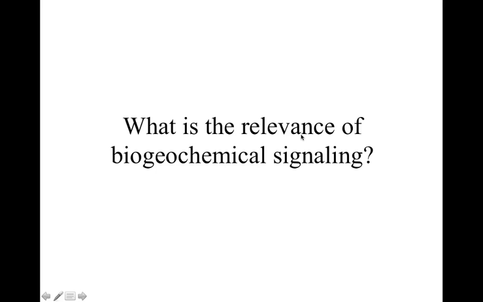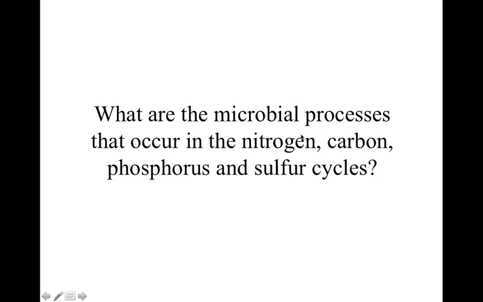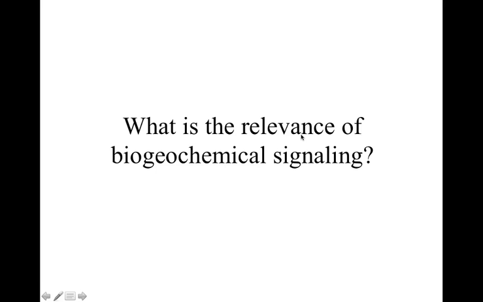So then we looked at biogeochemical signaling. What is the relevance of biogeochemical signaling? Well, I think it's supposed to say cycling. The biogeochemical cycles are important because they are needed for the movement of elements that are essential for the building blocks of a cell.